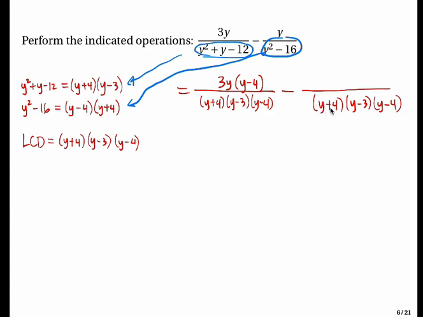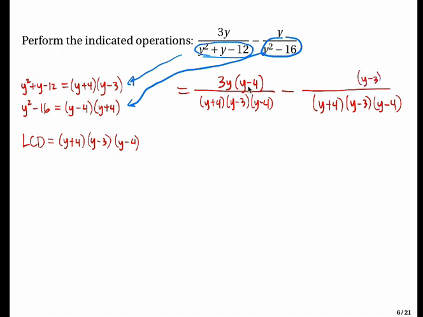We have the y plus 4 here, y minus 4 here. And then we put y minus 3 on the denominator, which is missing here. So we have to put the y minus 3 also in the numerator.